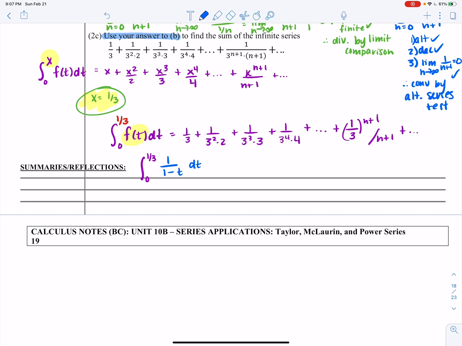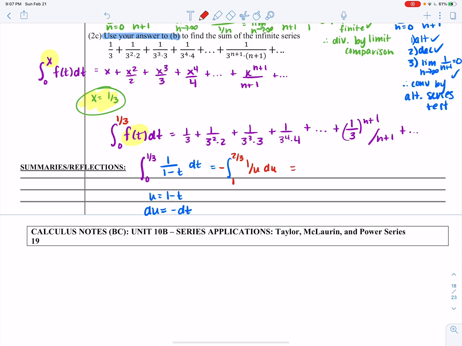Yeah, I can. If I make u 1 minus t, that means du is negative dt. So this thing is going to become the integral from, let's change our bounds. Let's do that too. The integral, if I plug in 0, 1 minus 0 is 1. Plug in 1/3. 1 minus 1/3 is 2/3 of 1 over u, du, with a negative on it.